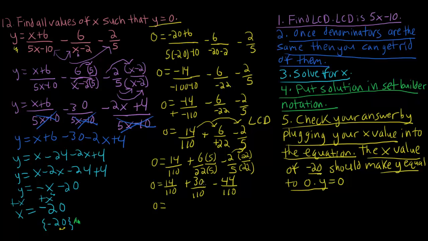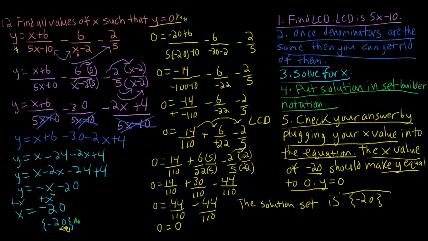So 14 plus 30 is 44 over 110. Then minus 44 over 110. 0 equals 0, because this minus this is 0. So because 0 equals 0, which is what our y was supposed to be, then we know that our negative 20 answer is correct. So we would just write the solution set is negative 20. And we know that's true because we just checked it.